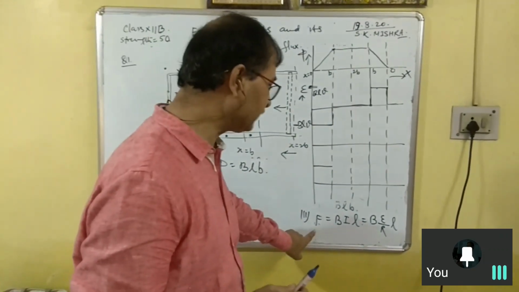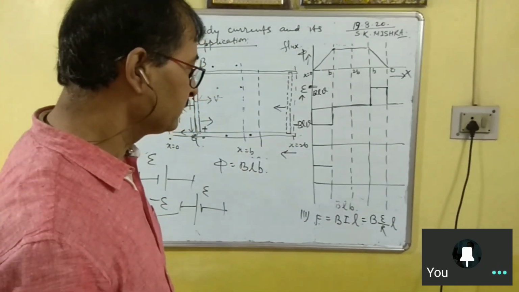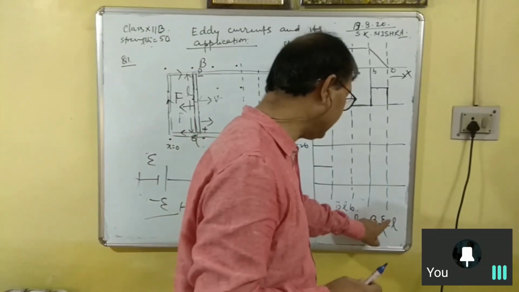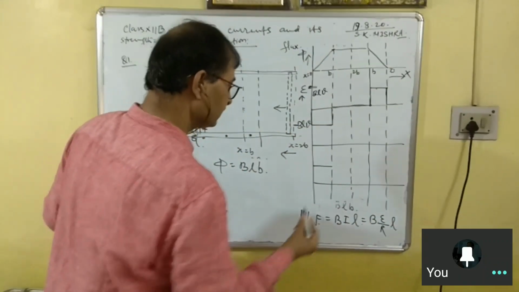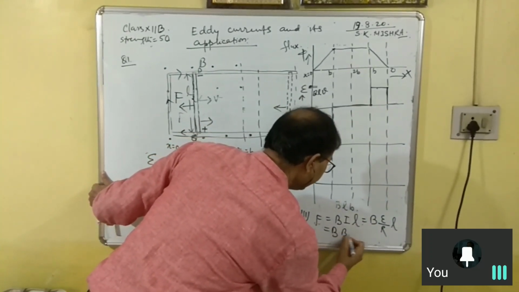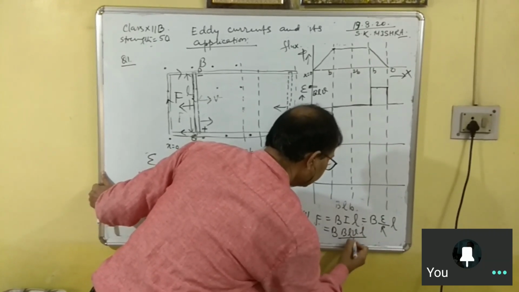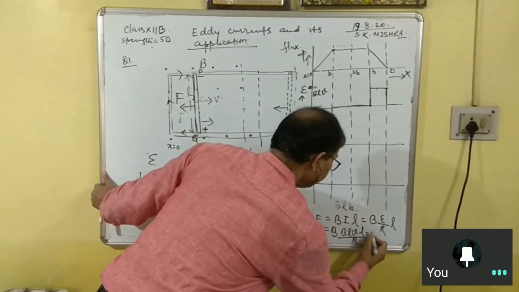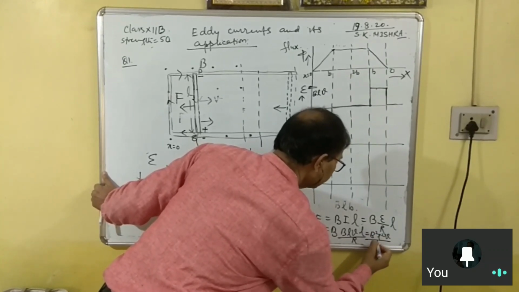F is equal to BI, no, not only BI, BE by R into L. The moment you put the value of E, then what is your answer? This is B, E is BLV into L by R. So it's how much? B square L square V by R.